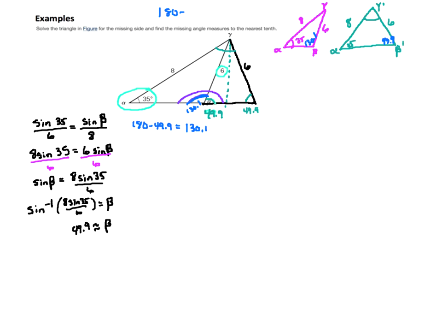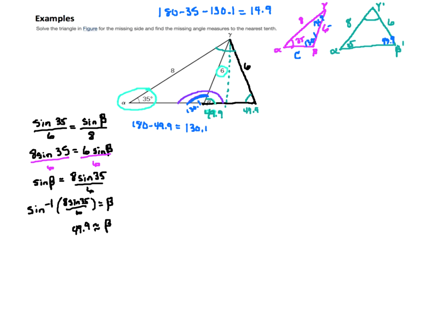So if I do 180 minus 35 minus 130.1, I get that angle at the very top, angle gamma, is 14.9 degrees.